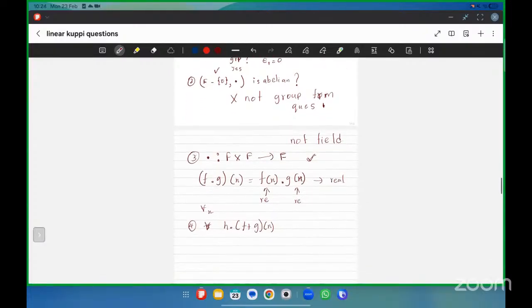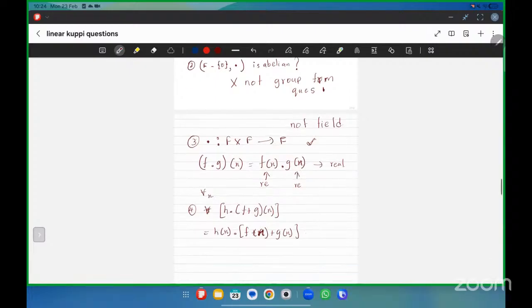If that is correct, we can tell it is distributive and the fourth condition is satisfied. So we can write this as hx into (fx plus gx).